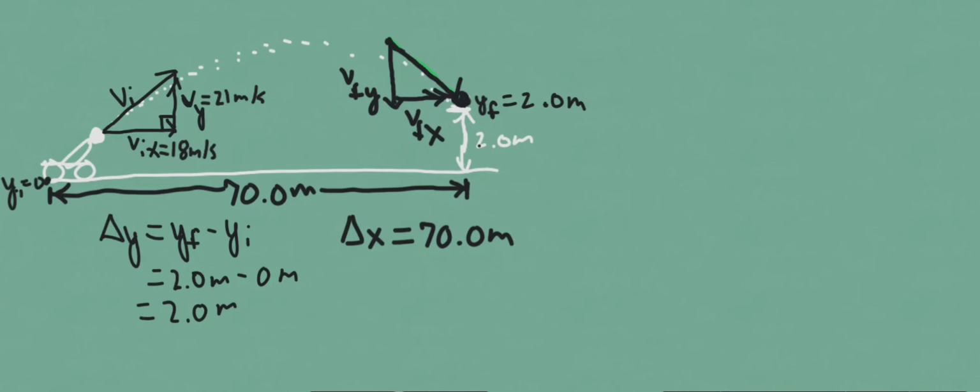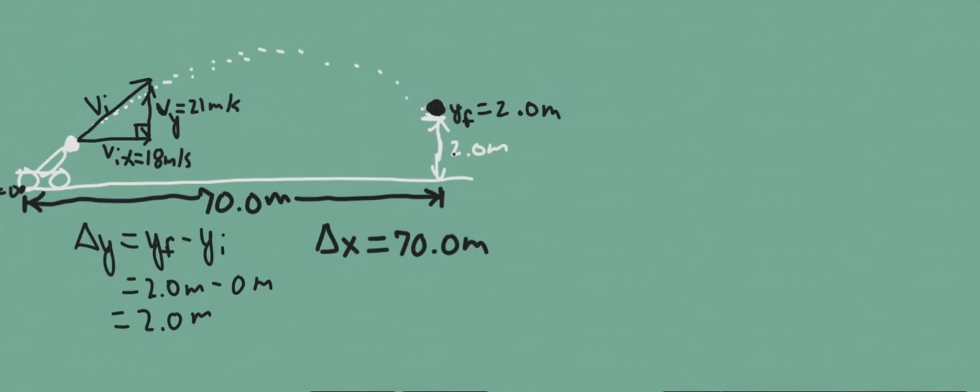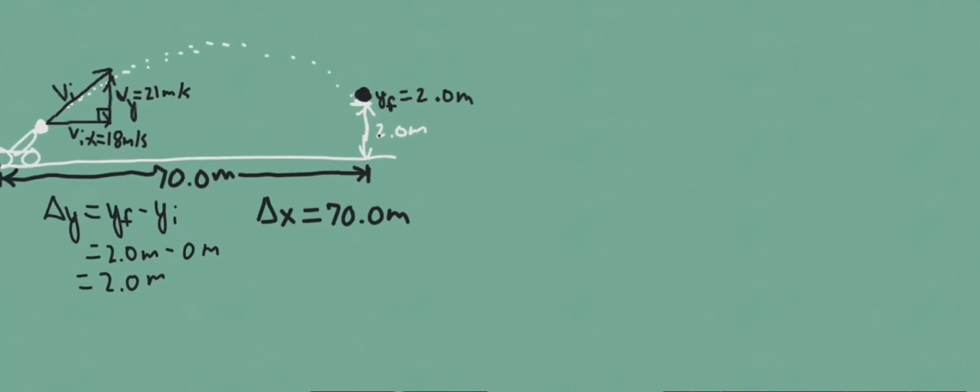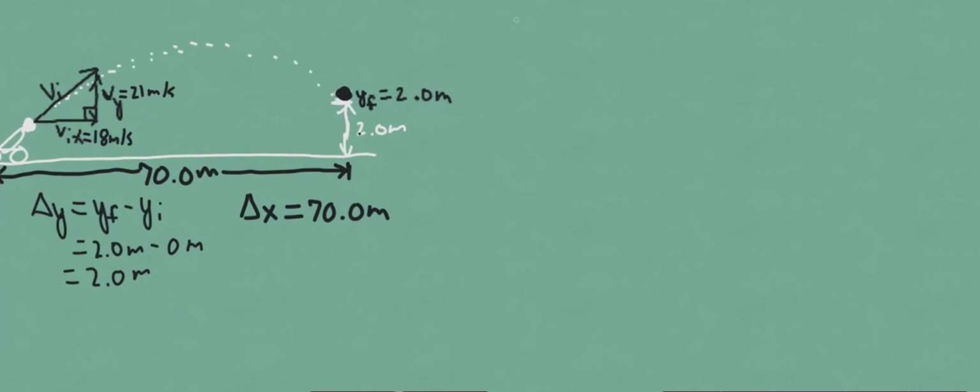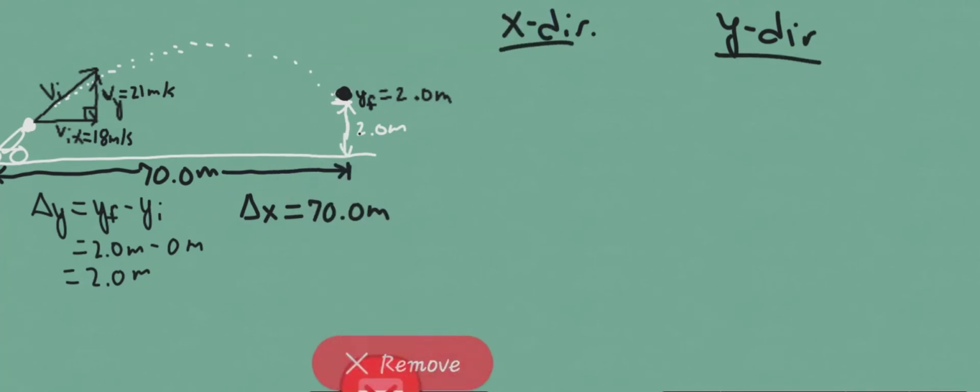So that's your final velocity in the y direction, and this is your final velocity in the x direction. Now let's write down what we know for the x direction, and let's write down everything we know for the y direction. In the x direction, for these projectile motion problems, the acceleration in the x direction is always 0. It's never accelerating in the x direction.